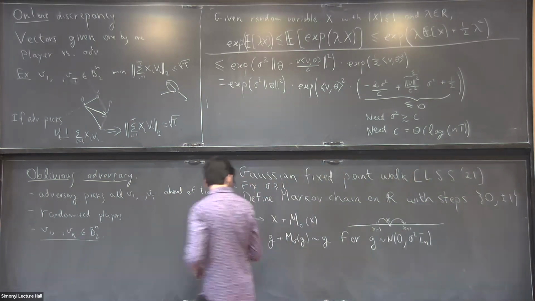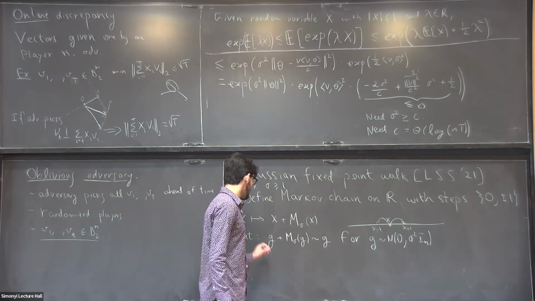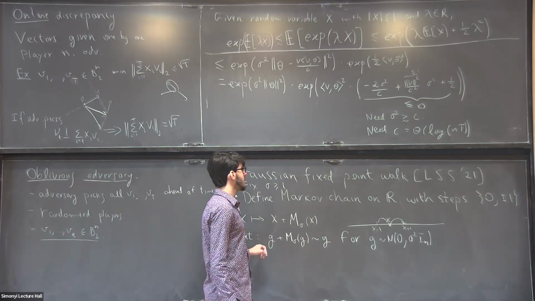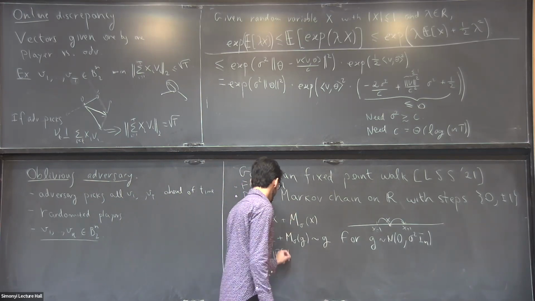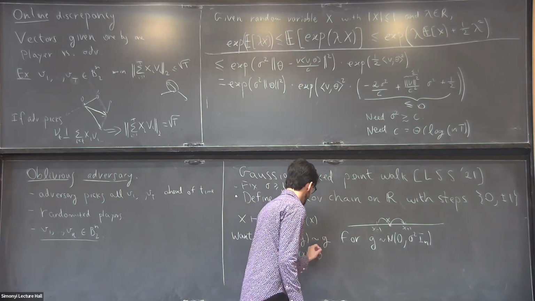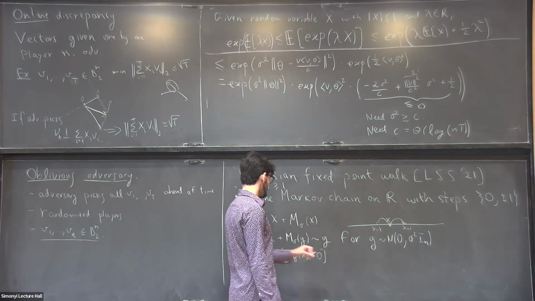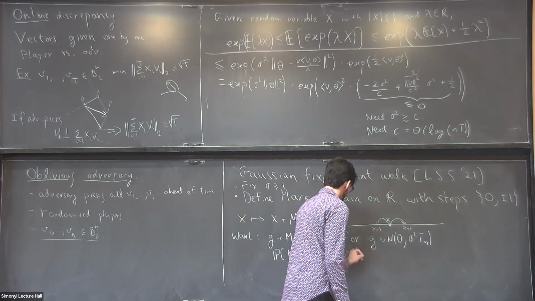And I also want that the probability that I stay at 0 is small. The probability that I don't move is actually upper bounded by some function of sigma.